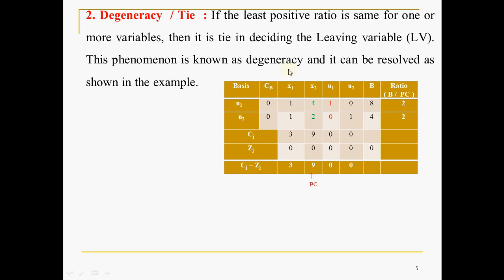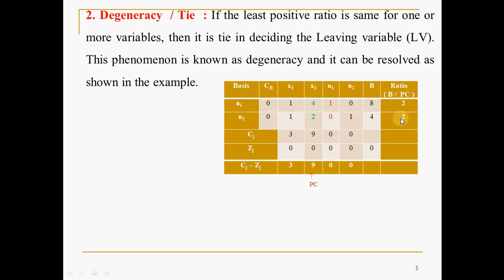In other words, there is a tie in deciding the leaving variable, whether to consider this or this as the leaving variable, because while deciding the leaving variable we select the least positive ratio. Here it is the same, 2 and 2.